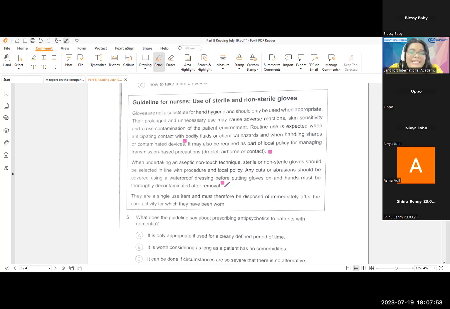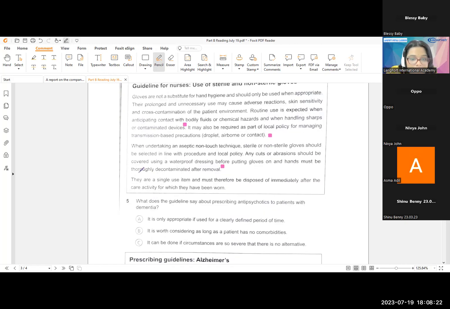Okay, when you're dealing with aseptic non-touch technique, you can use sterile or non-sterile gloves according to the procedure. In line with means according to the procedure and the local policy, the rules and regulations. If you have any cut or scratch on your hands, before you use gloves, you need to cover that scratch or abrasion with a waterproof dressing, and after the use, you need to thoroughly decontaminate your hands.